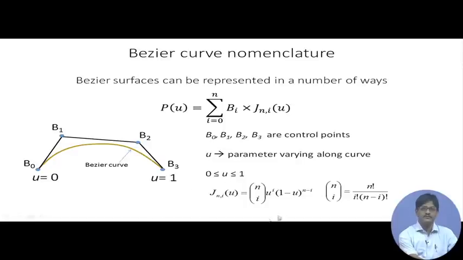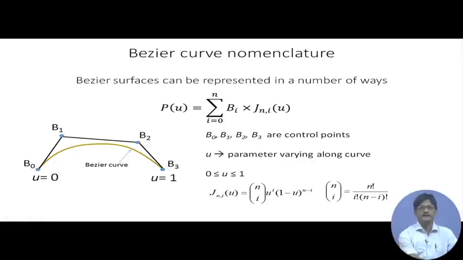And what is u? u is a parameter which takes up values between 0 and 1 proportionate to the position that it has with respect to the beginning point and end point. If we measure the length along the curve up till the point under consideration, then the fraction of the length of the curve divided by the total length of the curve gives us the value of u.